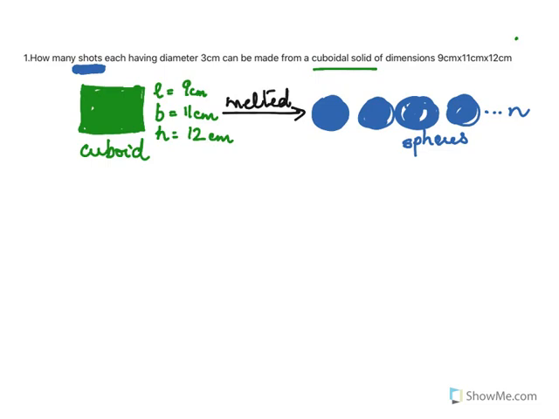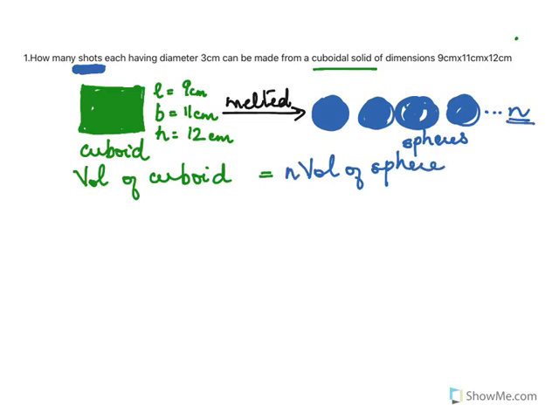So what equation will we make? The equation will go as follows. The volume of the cuboid will be equal to volume of not one sphere, volume of n spheres.